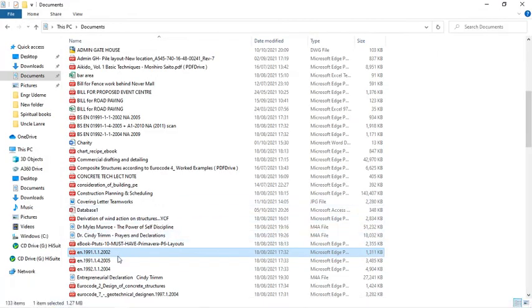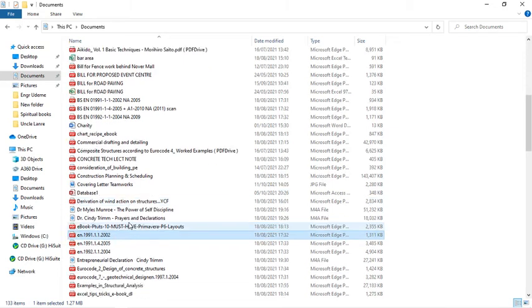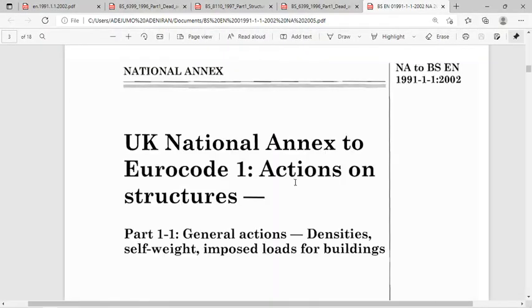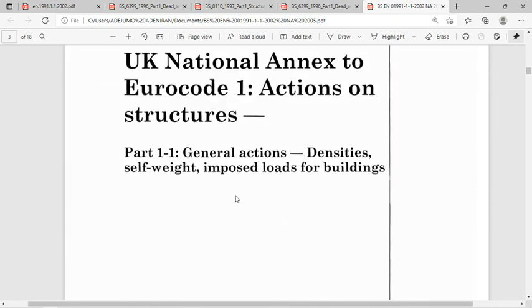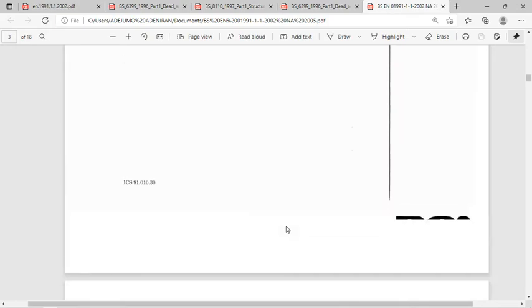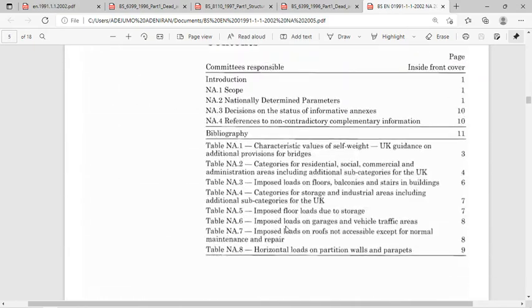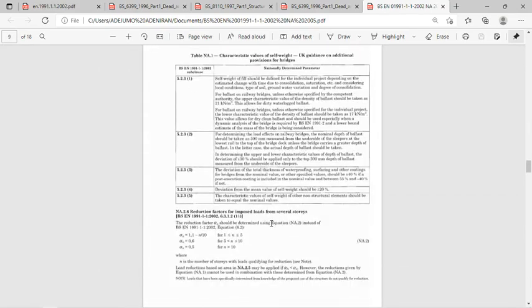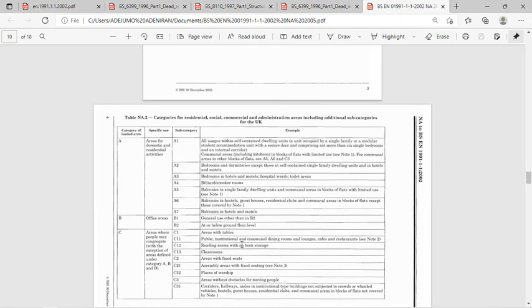Let me see if I can get that annexure. BS EN, okay, so you can see the UK national annex for action on structure, general action, density, self-weight and imposed load for buildings. So you can get that also for the Eurocode specification.